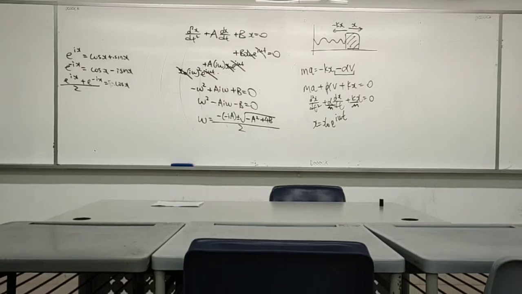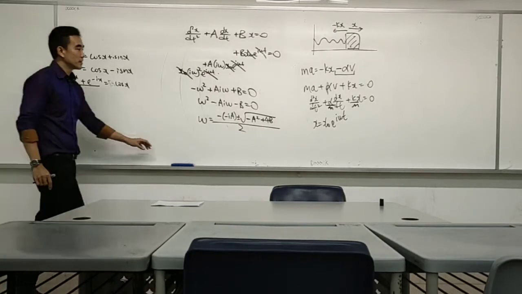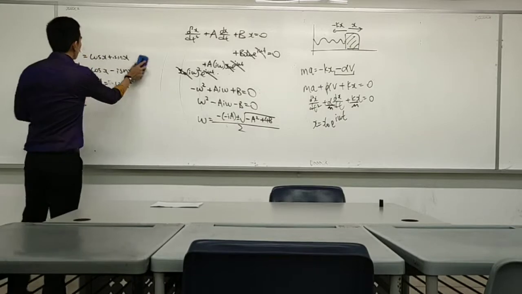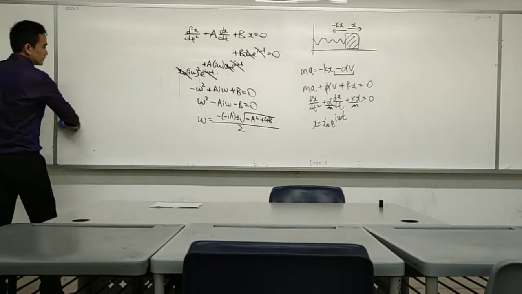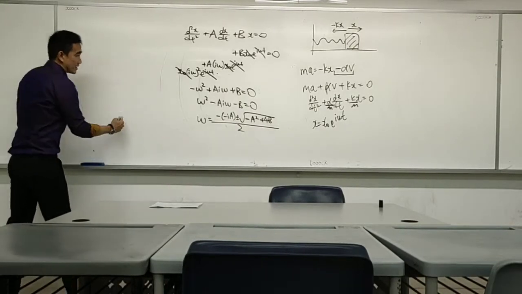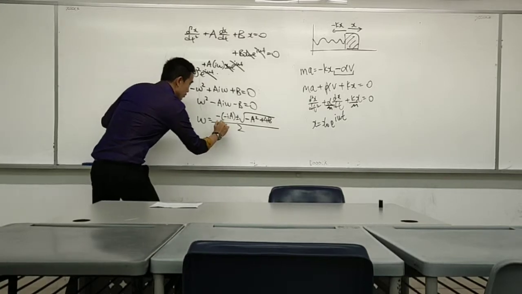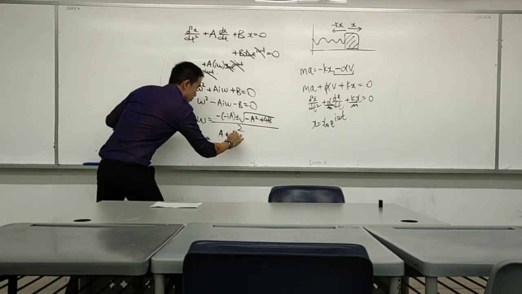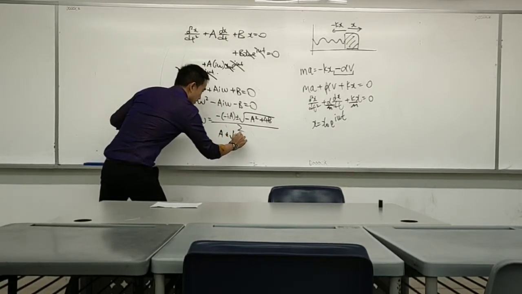Still follow? Okay. Now let's take a look at what the physical meaning is. That's more important. Now if I plug omega back in, let's simplify it. This will be i a plus or minus the square root of 4b minus a squared, upon 2.